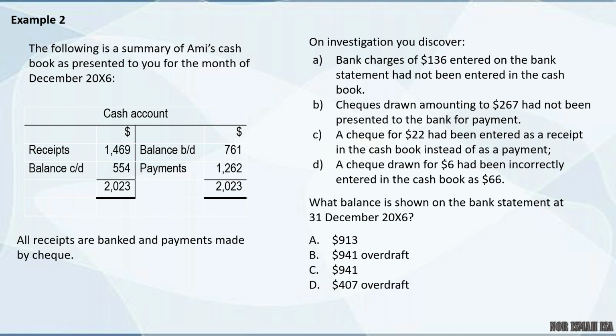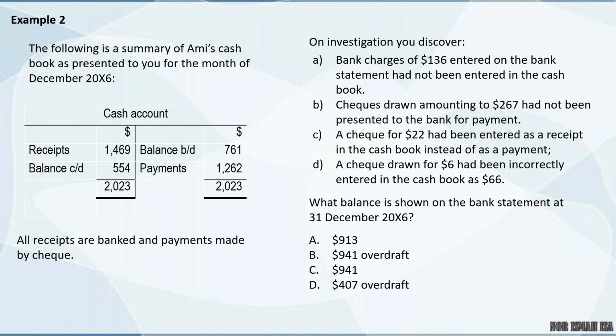So we need to credit back the cash book with the double amount. Lastly, a check for $6 had been incorrectly entered in the cash book as 66. So this is a credit for the cash book.